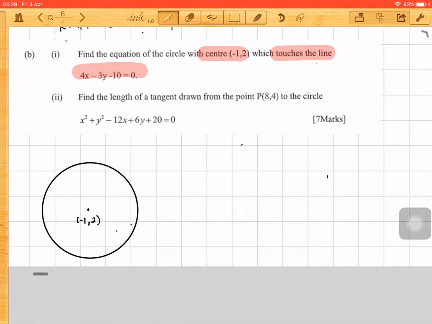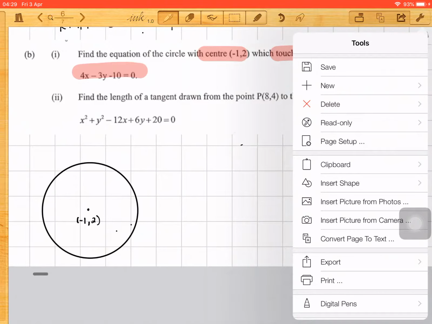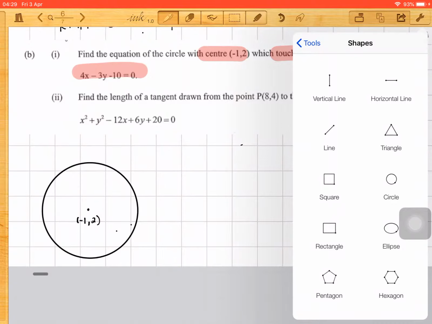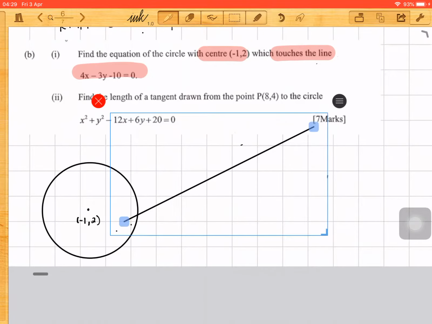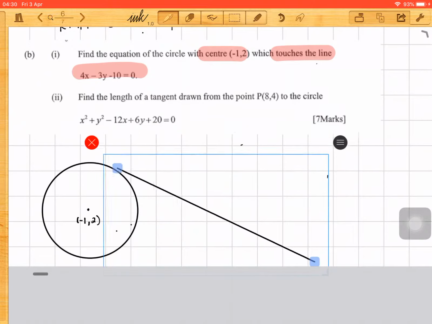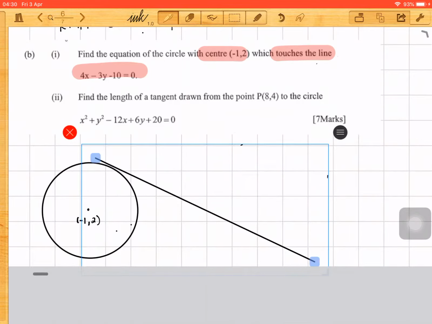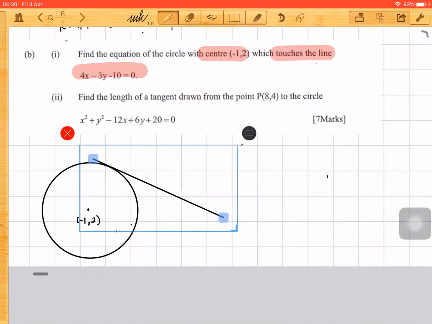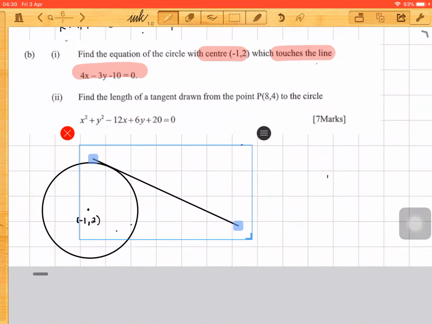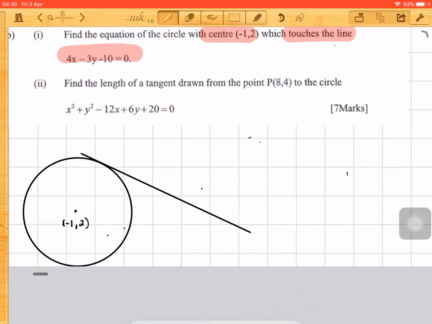When they say touches the line, it is an unspoken rule that this is actually a tangent, because touches the line means there's only 1 point touch. If they say intersect, then it will be 2 points. So this is the condition.